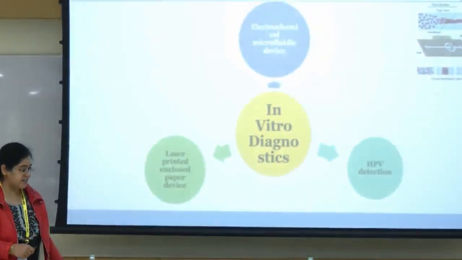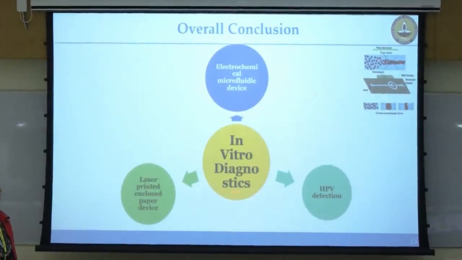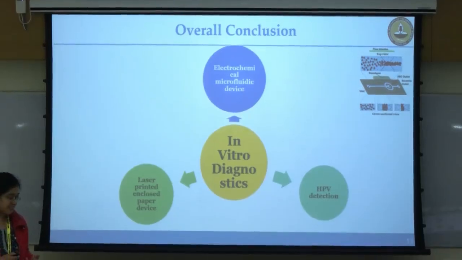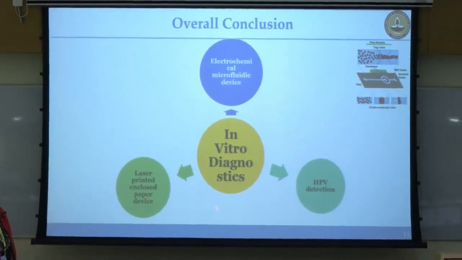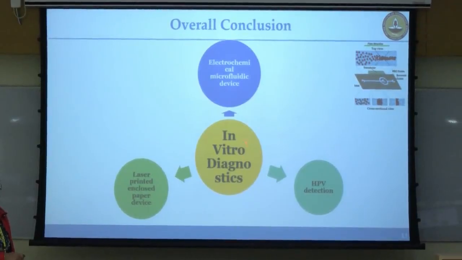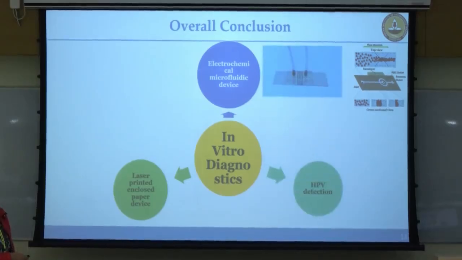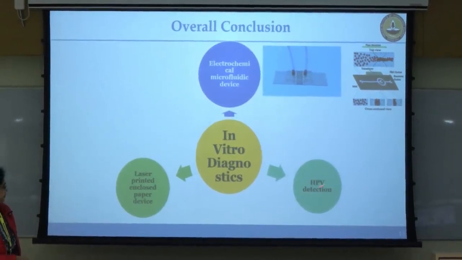In our lab, we work on in vitro diagnostics. This is one part of my work. We are also developing other microfluidic devices to understand cell-cell interaction and cell-substrate interaction. In in vitro diagnostics, we work on electrochemical microfluidic devices, and on HPV detection.